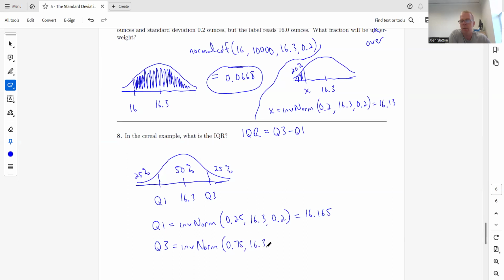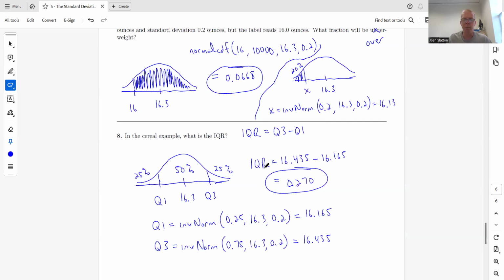We put that in the calculator and we get 16.435. Then we can do IQR, subtract those: 16.435 minus 16.165, and we get 0.270 for the IQR.